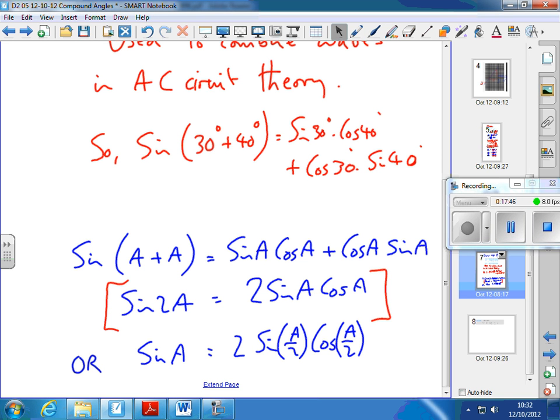So hopefully you can start to see how we can write down all different identities, things that will help us manipulate angles just from that start point. And we can expand that idea and look at other identities, quite a few of them, but they all come from this sort of idea.